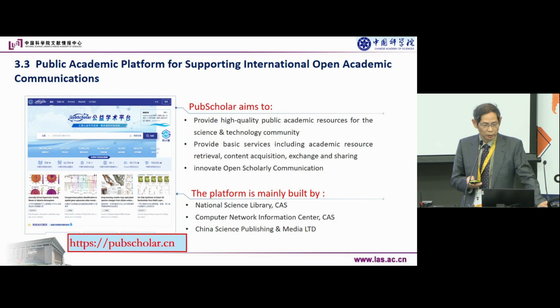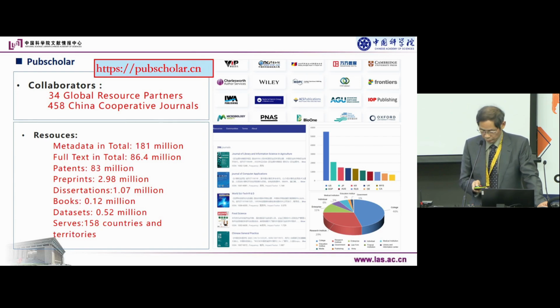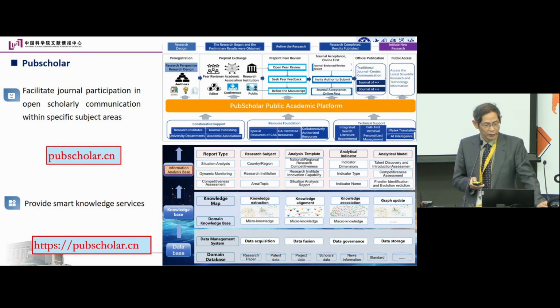To get more knowledge sharing, we have platforms by our library and by the computer information centers for scientific data and science publications for the journals. We have operated for 1 year. We have many metadata, full text, patents, preprints, books, and data sets. And we have communications platforms for the scholar communities to provide a smart knowledge service for them.